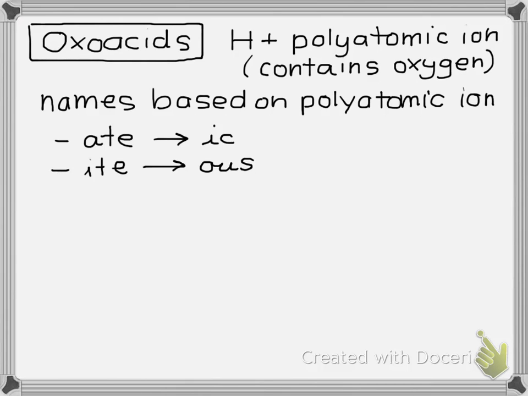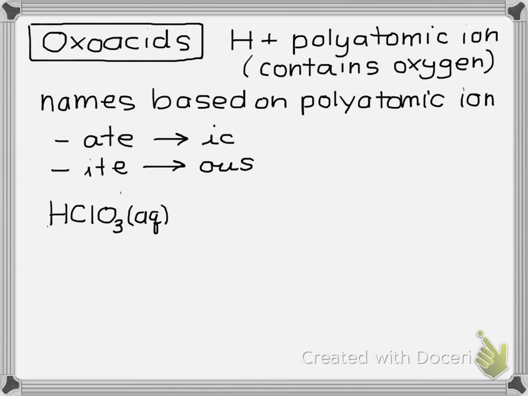In terms of the polyatomic ions, if the ion ends in the suffix ate, then we're going to change that ending ate into ic. If the suffix is ite, we're going to change the ite ending to ous. So for example, if I have HClO3, and this is an acid, it's going to be no hydro.